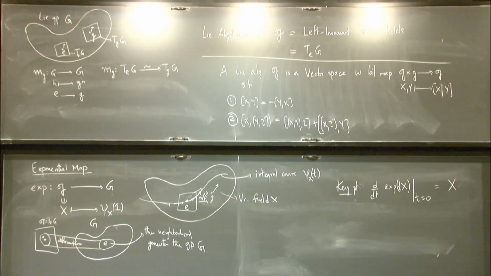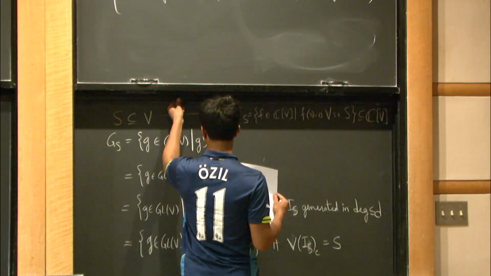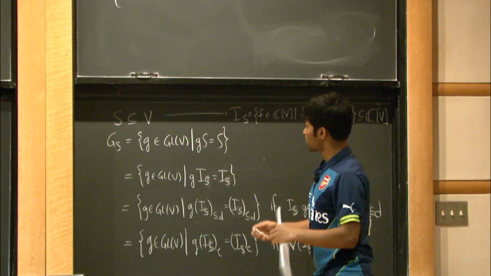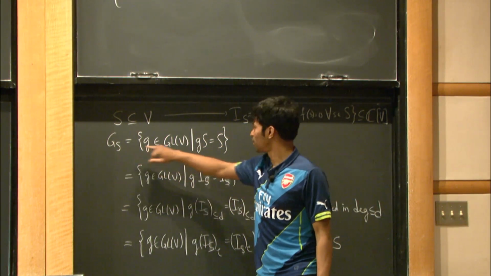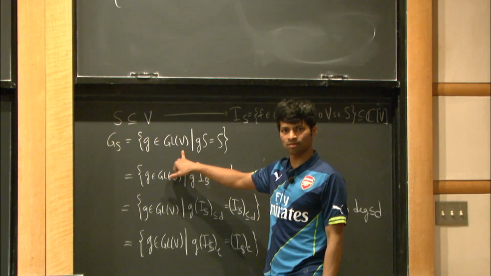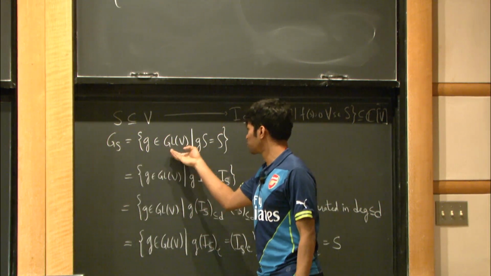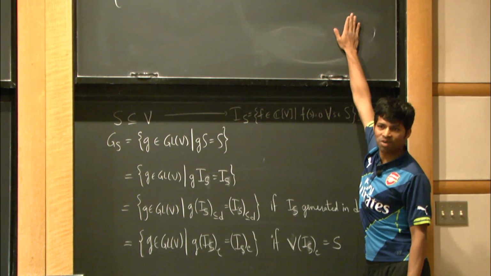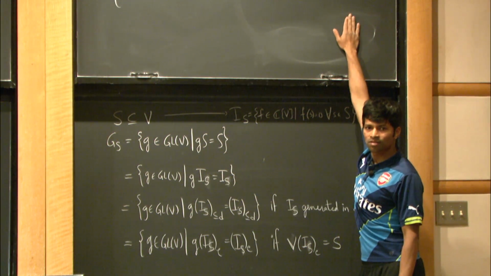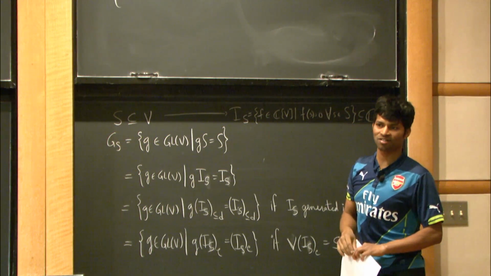The point here is that if you go back to what we were looking for, we were looking to compute some subgroup of GL(V). Whatever this subgroup is, you can understand it by understanding what the corresponding Lie subalgebra is, up to this finite group, at least the connected component of identity.